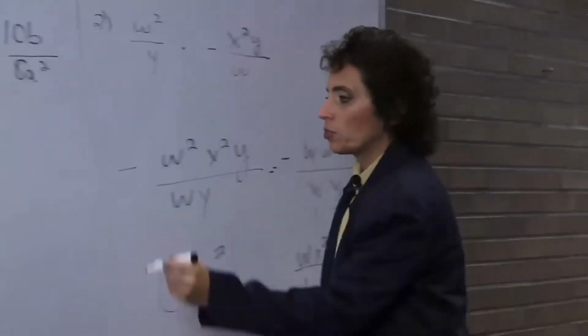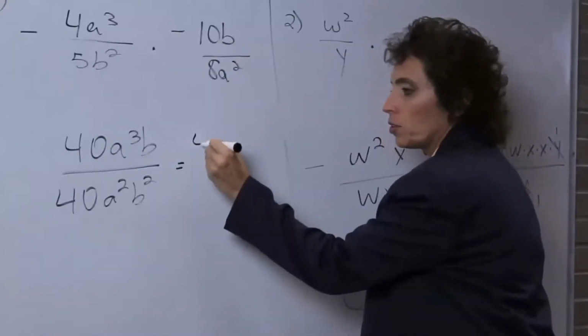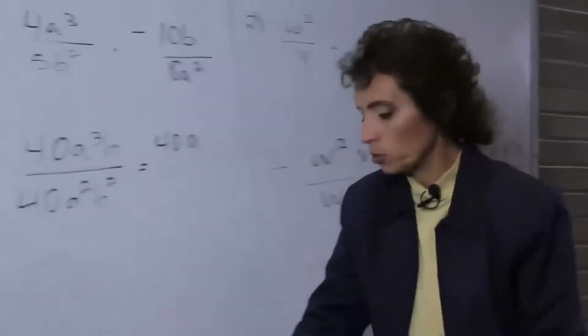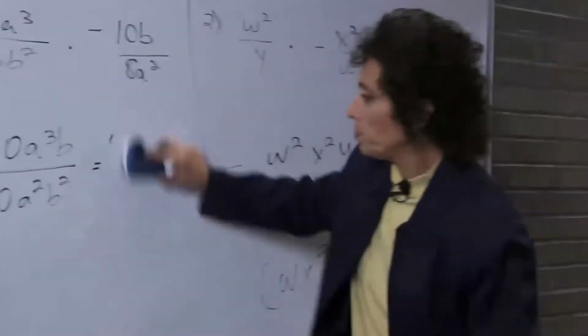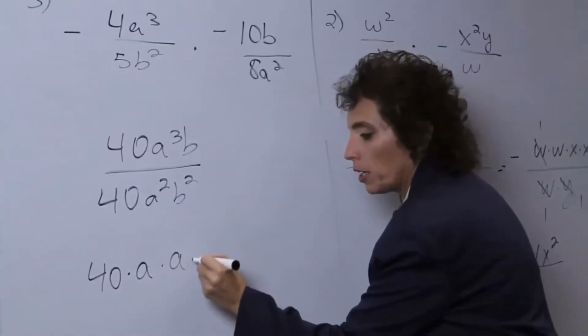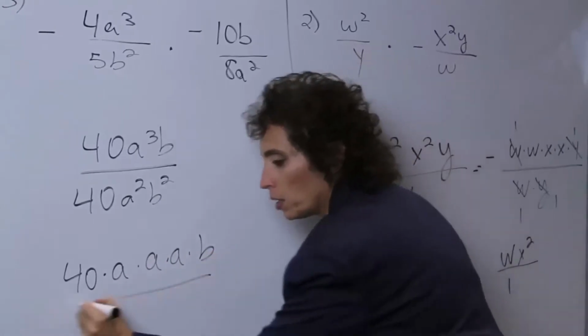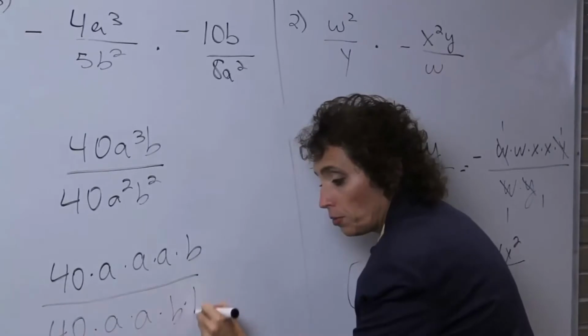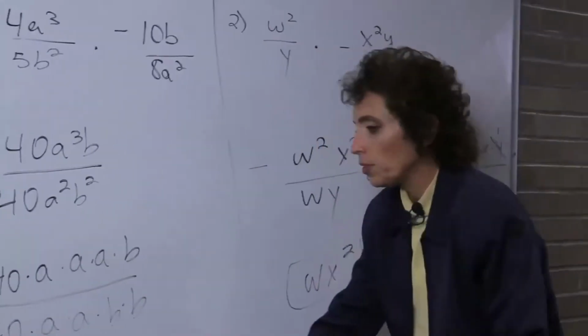Okay? Now I'm going to try to reduce it. So this is 40 times A. You know what? Let me go underneath there so I have enough space. 40 times A times A times A times B over 40 times A times A times B times B. Okay, now we're going to reduce.